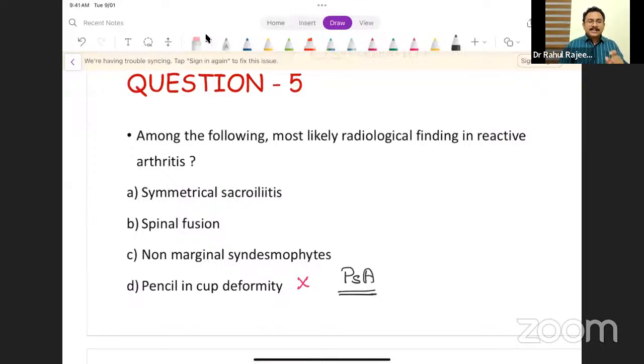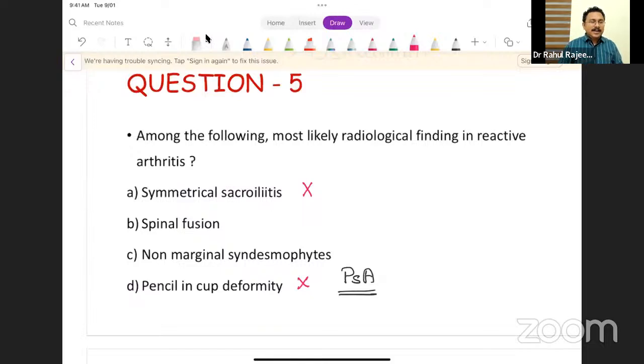The first option says symmetrical sacroiliitis. Well, symmetrical sacroiliitis can be seen in reactive arthritis, but when you compare with ankylosing spondylitis, most likely the reactive arthritis is going to have an asymmetrical sacroiliitis. Ankylosing spondylitis usually has a symmetrical sacroiliitis, whereas this condition would have an asymmetrical sacroiliitis.